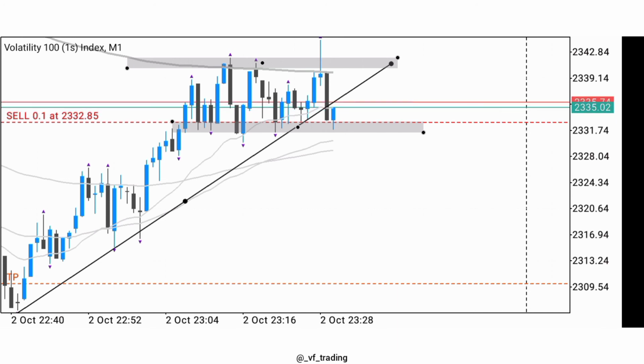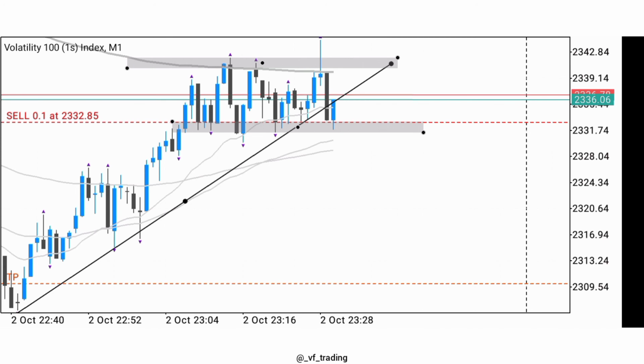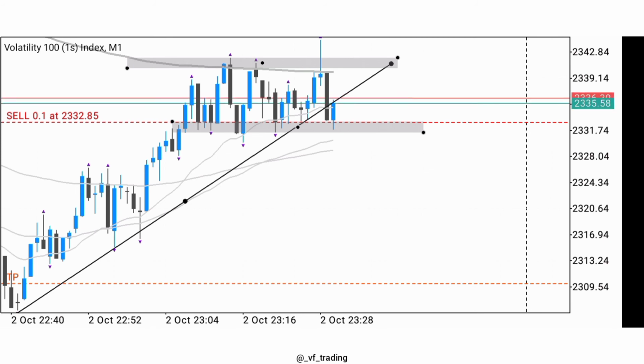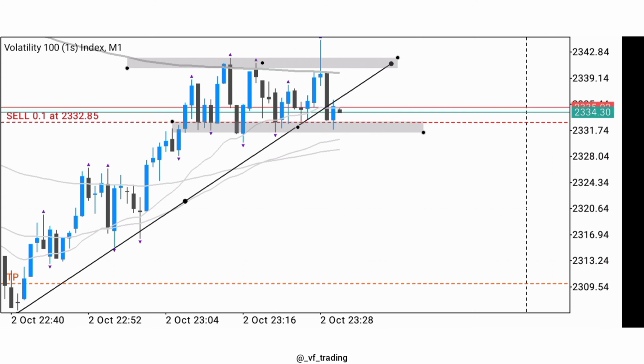A pin bar candle with a long wick rejected the resistance zone, followed by a bearish engulfing candle, which forms the evening star candlestick. At this point, I was ready to enter my sell position with 4 confirmations as confluence. 1. The pin bar rejection. 2.